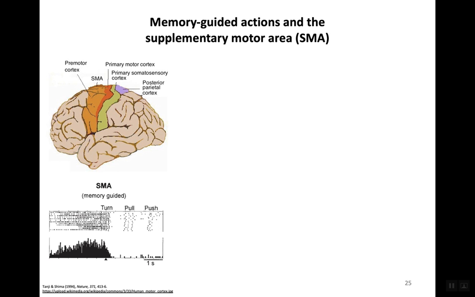So for instance, if we record from SMA neurons in a monkey, what we might find is that such neurons tend to fire a lot right before a pre-learned sequence is executed. Let's say that we train the monkey over and over again, over a considerable number of repetitions and a significant amount of practice, to turn a knob, then to pull it, and then to push it.